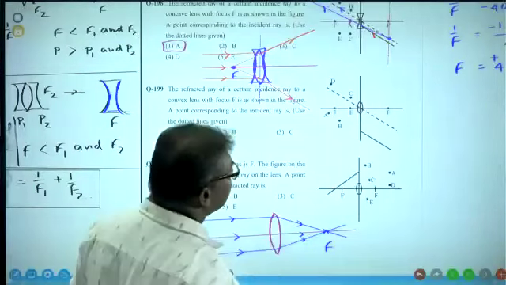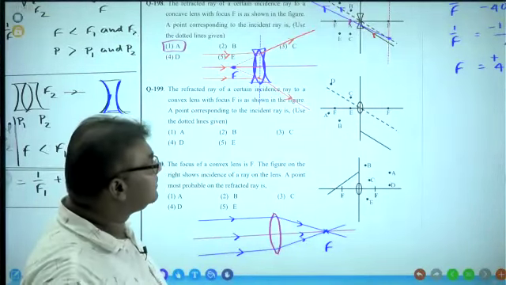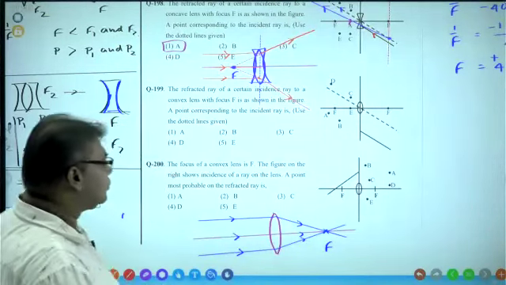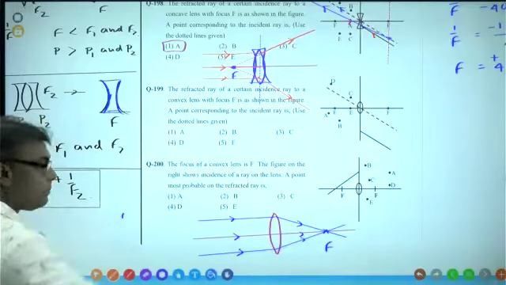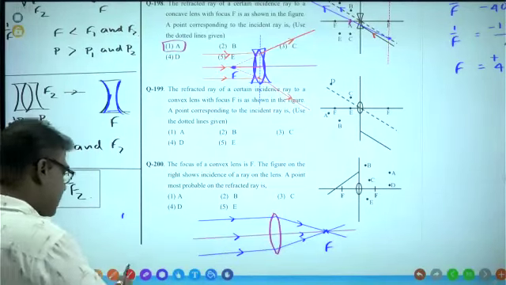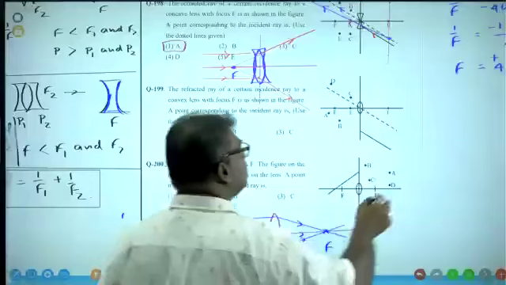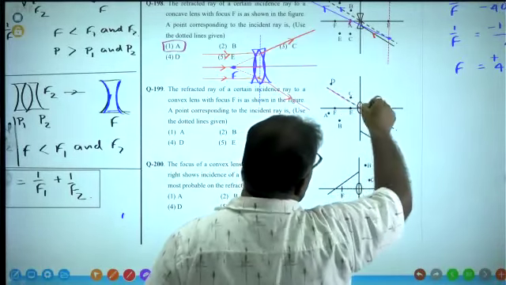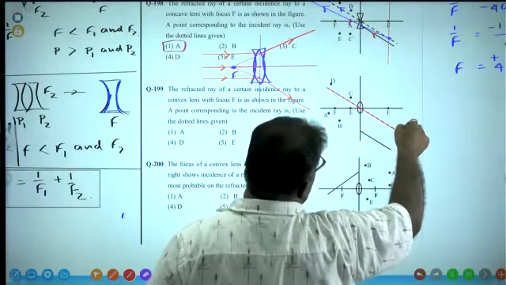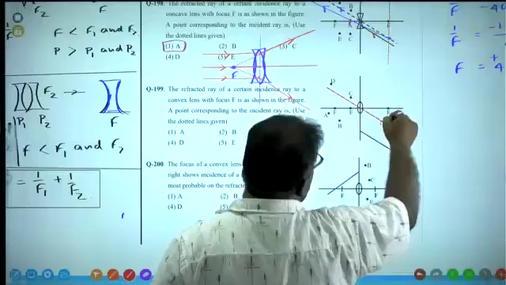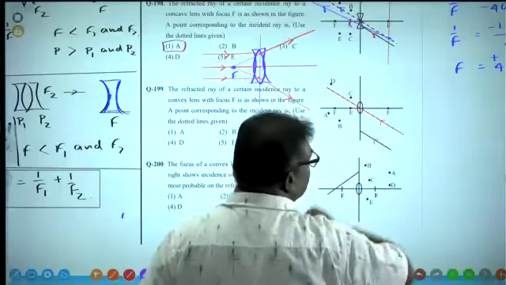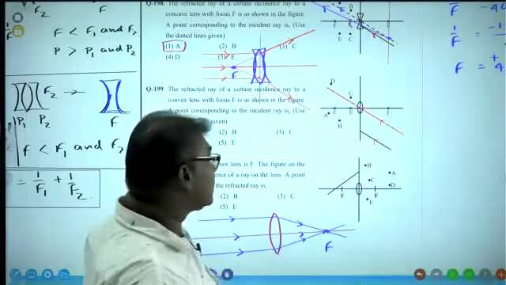But if the light rays are not parallel to the principal axis, but they are parallel to each other, this one is the mentioned broken line, right? Assume this one is also a light ray coming like this, right here.